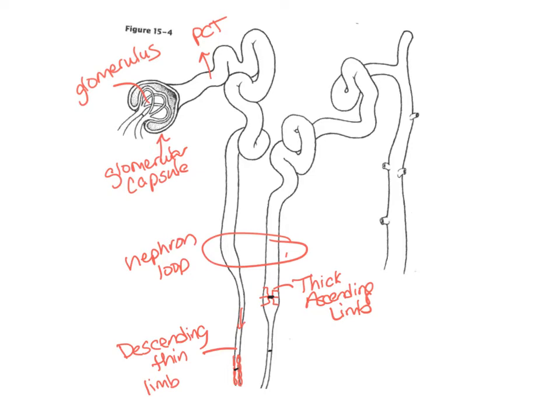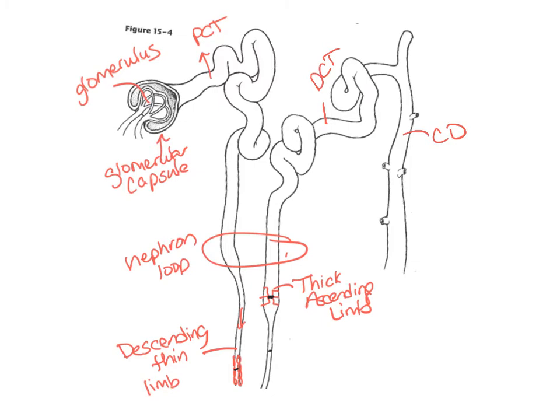The nephron loop leads into the distal convoluted tubule, and the distal convoluted tubule drains into the collecting duct. All right, now one thing I want to note right here is that we see this nephron all spread out, and that's not actually what happens.